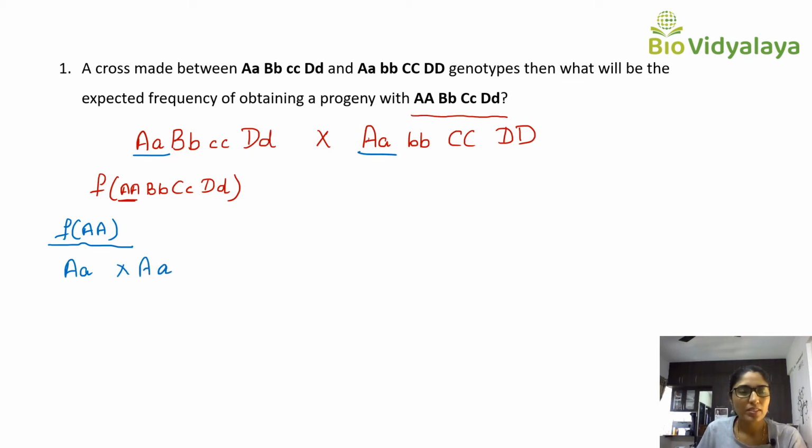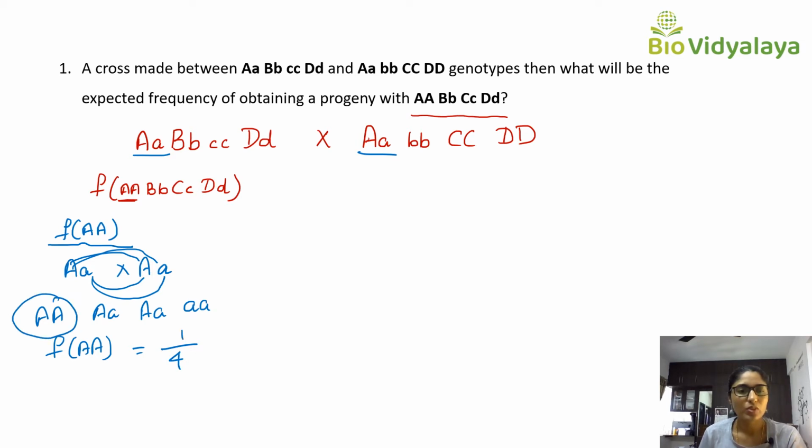Let's see the gametes: capital A, capital A, capital A, small a, capital A, small a, and small a, small a. So what is the frequency of getting capital A among 4? Only 1. So 1 by 4.